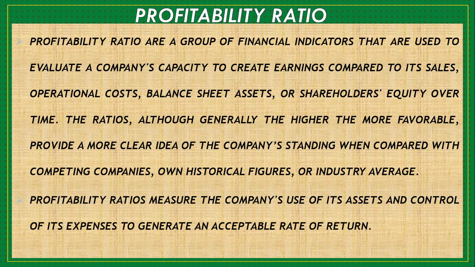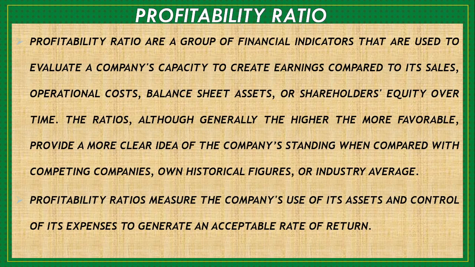Profitability ratio. Profitability ratios are a group of financial indicators that are used to evaluate a company's capacity to create earnings compared to its sales, operational costs, balance sheet assets, or shareholders' equity over time.